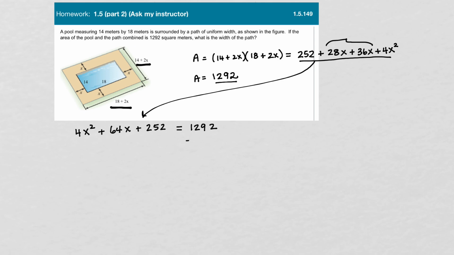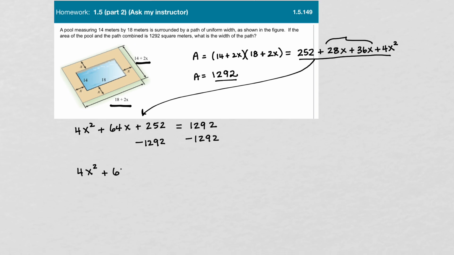Let's subtract 1,292 from both sides. These numbers are just not fun. 4x squared plus 64x minus 1,040 equals 0.